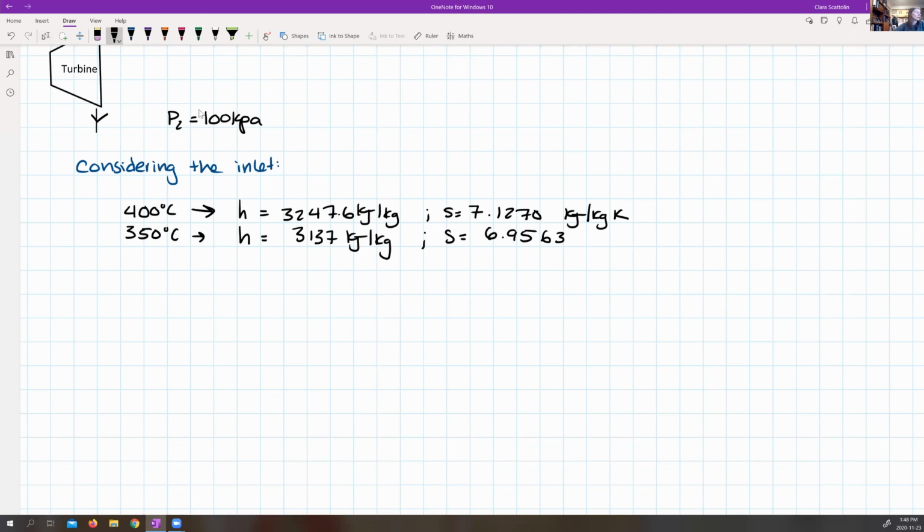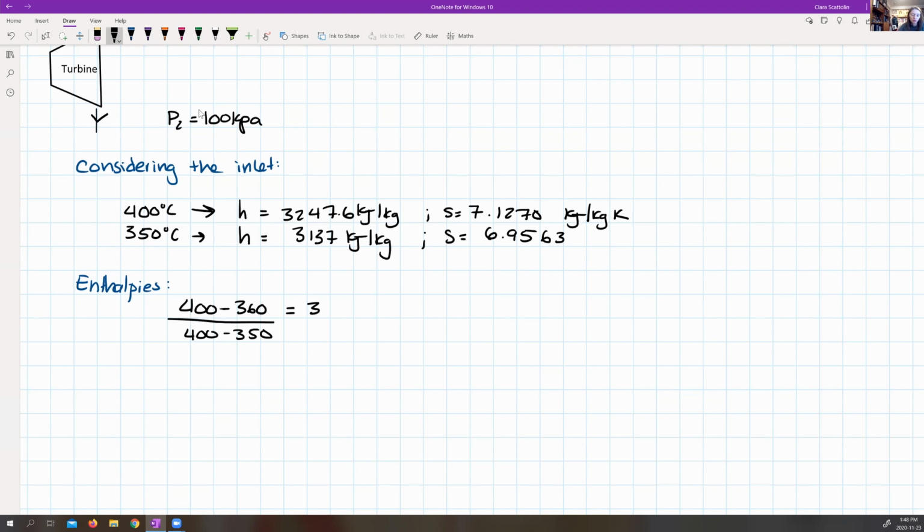So if I start with the enthalpies, I'm going to set up my relationship so that I have 400 minus 360, which is my desired number, over 400 minus 350. And now I'm going to do the ratio of the enthalpies.